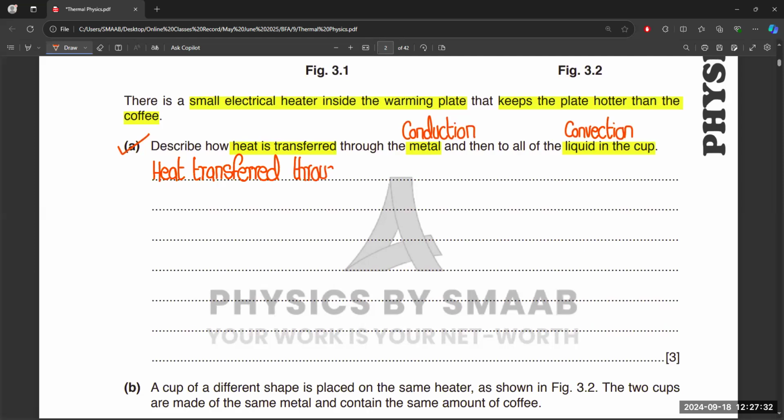So basically, heat is transferred through conduction in metal.